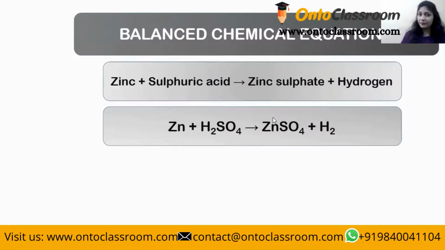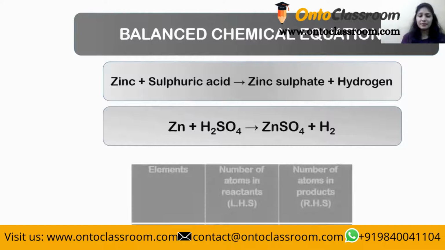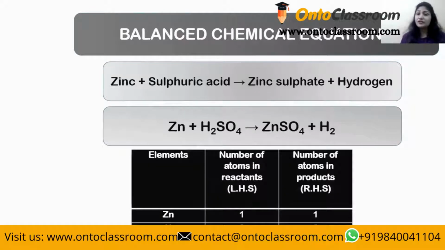Now, to see whether or not the equation is balanced, there's a very easy technique which I'll tell you. You have to make a table with 3 columns: one for elements, one for the number of atoms in the reactants, and one for the number of atoms in the products.